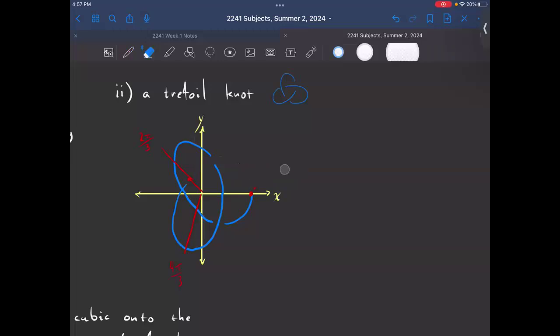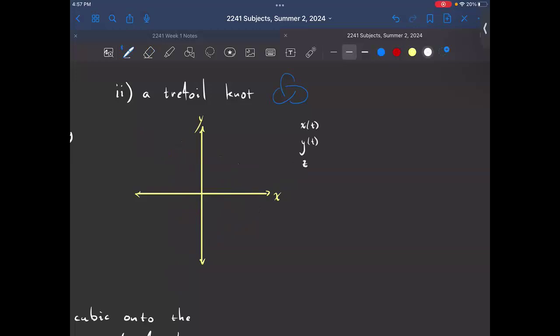So erasing all of this. We want a very specific set of equations. So again, we're going to go around. We have our x of t, y of t, z of t.